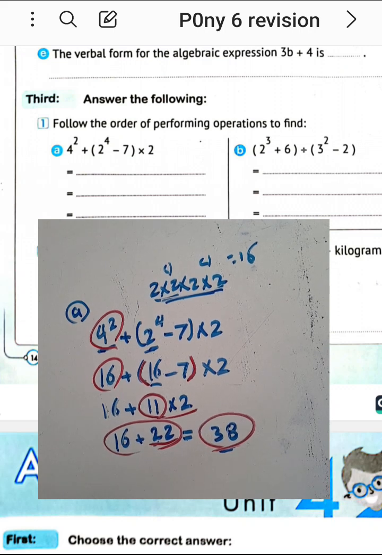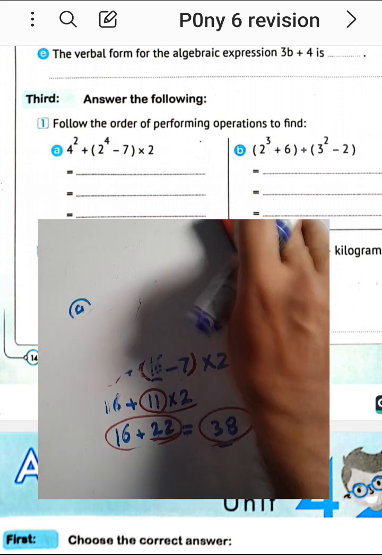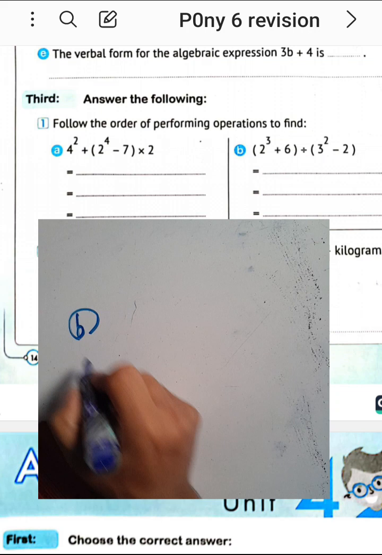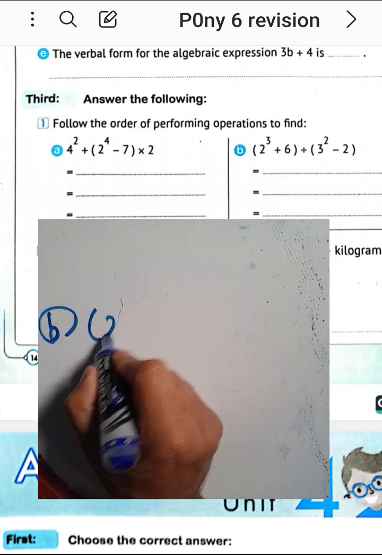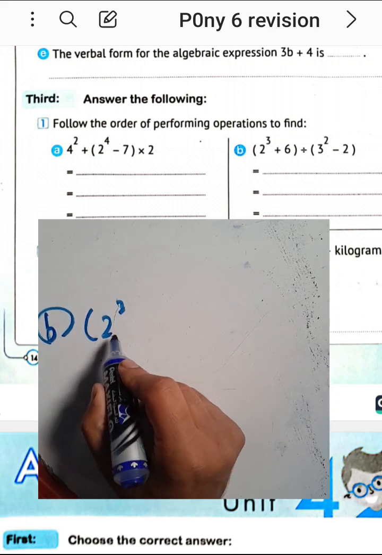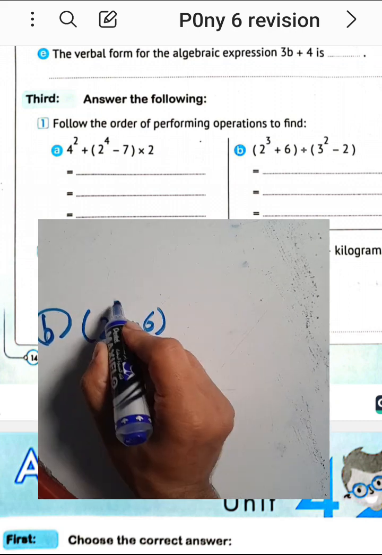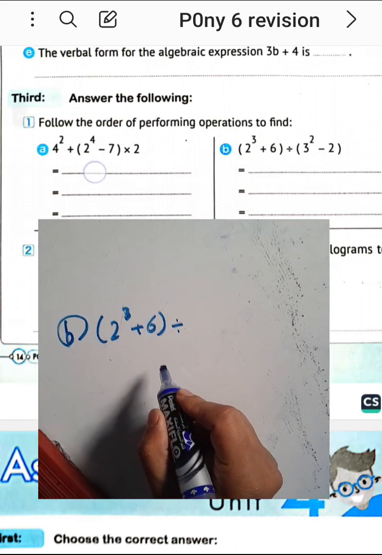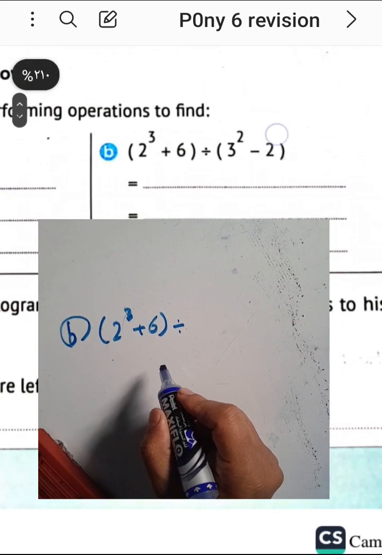That's question letter A. Question letter B. We have 2 power 3 in parentheses, the sum of 2 power 3 and 6 divided by the difference between 3 power 2 and 2.